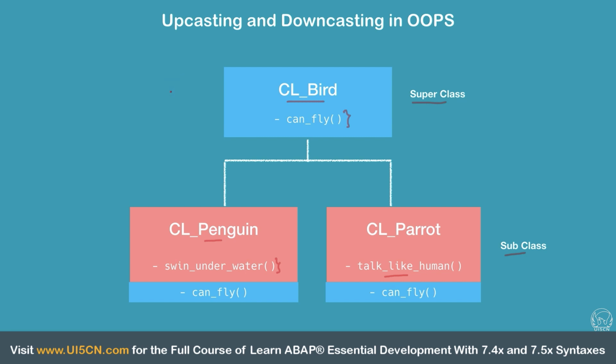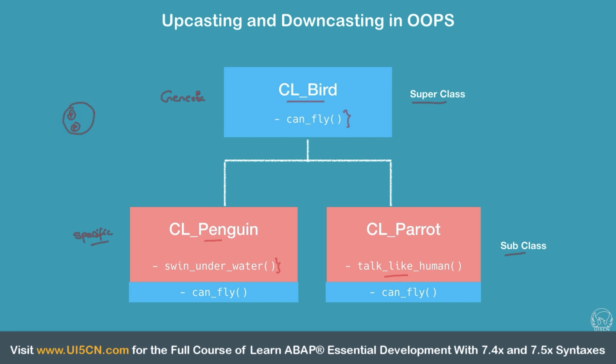Now what you can see here is that the bird is actually a generic class, and when we inherit, we are basically inheriting into a more specific class. So the penguin is a more specific bird and the parrot is a more specific bird. Bird, you can say, is a generic set, and within that set we have the penguin and also the parrot.